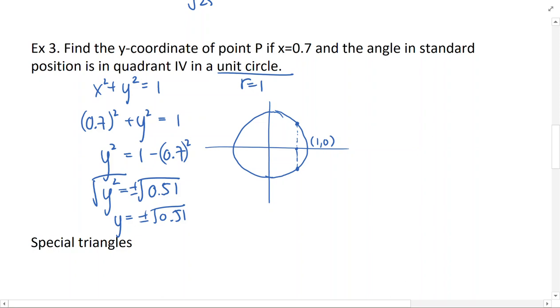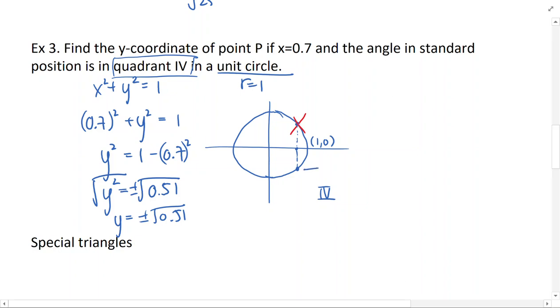But we've already calculated what the y value is. So we do know that since we're looking at quadrant 4, the quadrant down here, we can basically ignore that point in quadrant 1 because that's not what the question is looking for.